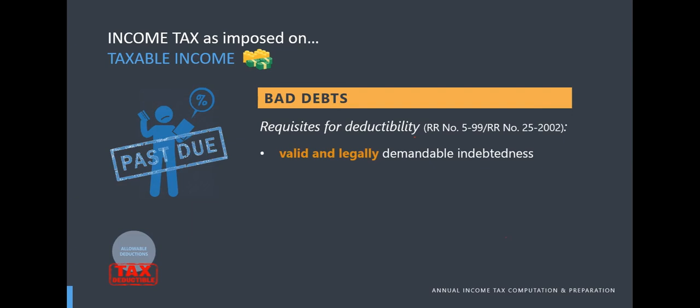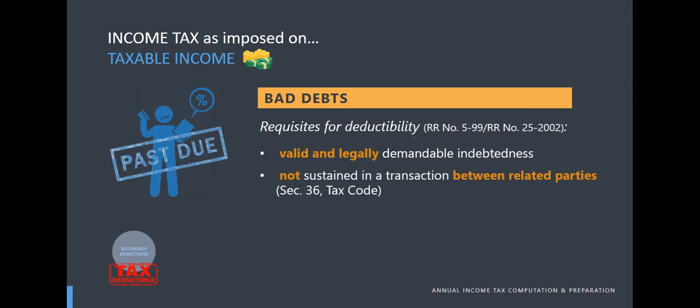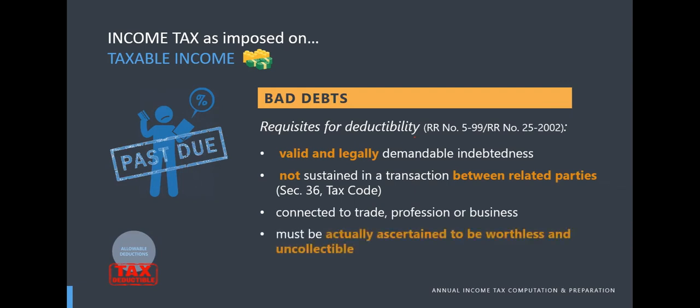That indebtedness must be valid and legally demandable. It must not be sustained in a transaction between related parties. It must be connected to trade, profession, or business. It must be actually ascertained to be worthless or uncollectible. So it must be written off.